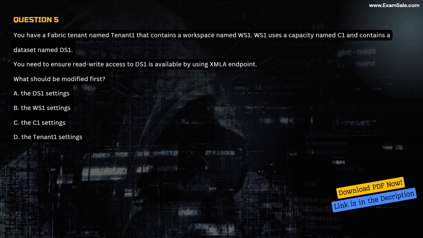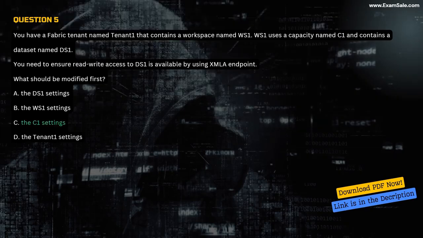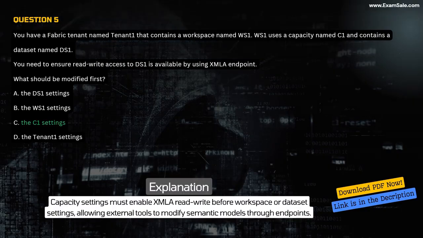B. The WS1 settings. C. The C1 settings. D. The Tenant1 settings. Correct answer: C, the C1 settings. Explanation: Capacity settings must enable XMLA read-write before workspace or dataset settings, allowing external tools to modify semantic models through endpoints.